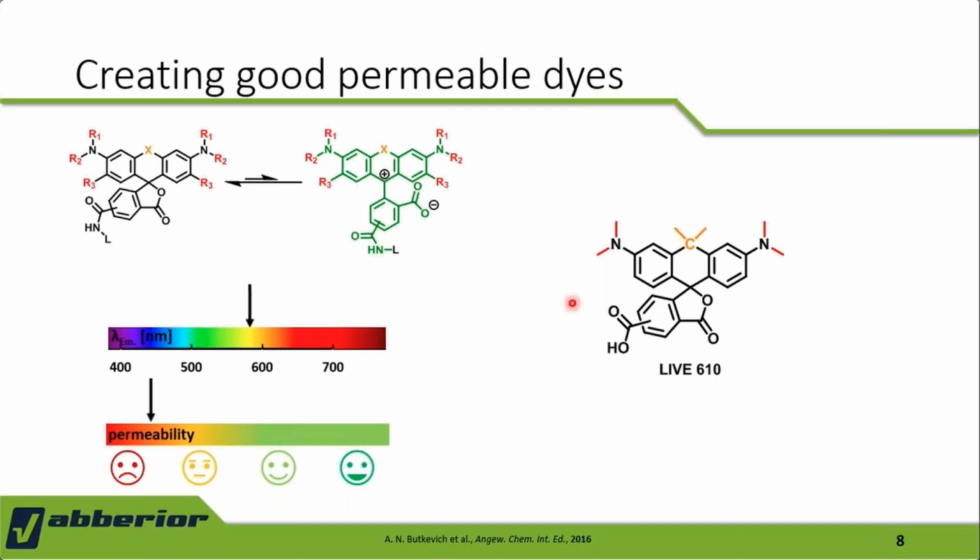One is that the spectrum will shift into the red region, meaning that the fluorescence maximum is now at 620, 625 nanometers, and the permeability will increase also. The reason is basically the same, because we destabilize the positive charge, and therefore it is easier for the fluorophore to form this lactone ring.